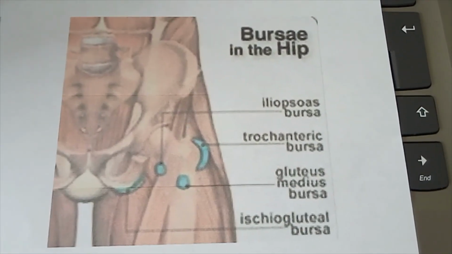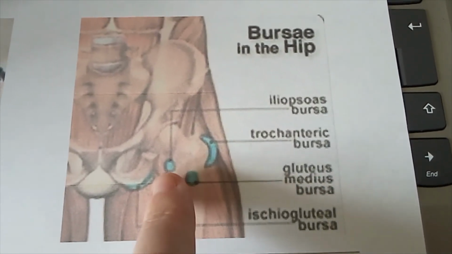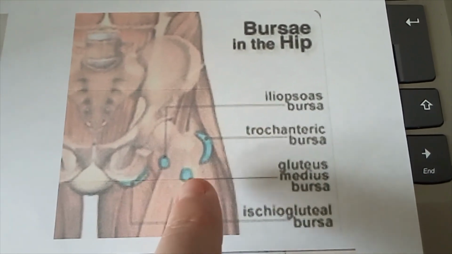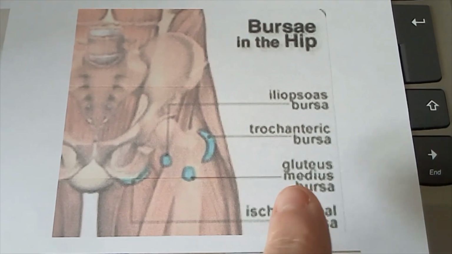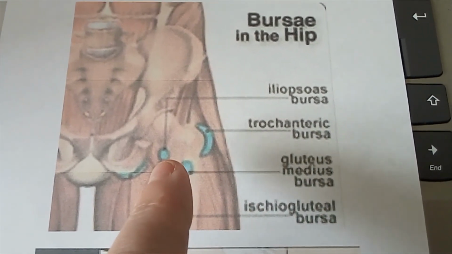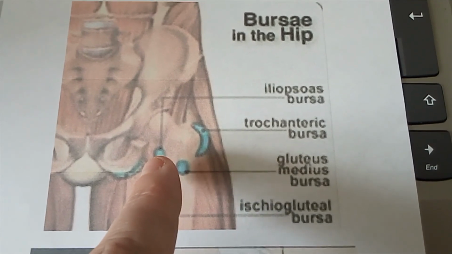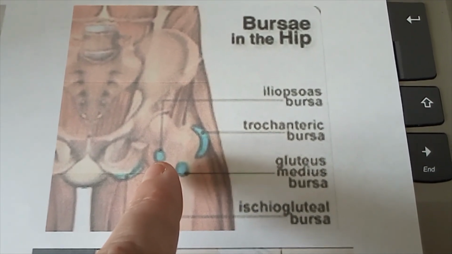The bursae are small fluid-filled sacs that basically sit between the bones and the soft tissues to cushion the joint and reduce friction when you move. So if we look at the hip joint, you've got all these little fluid sacs, and the one that causes the main problems is the iliopsoas bursa.